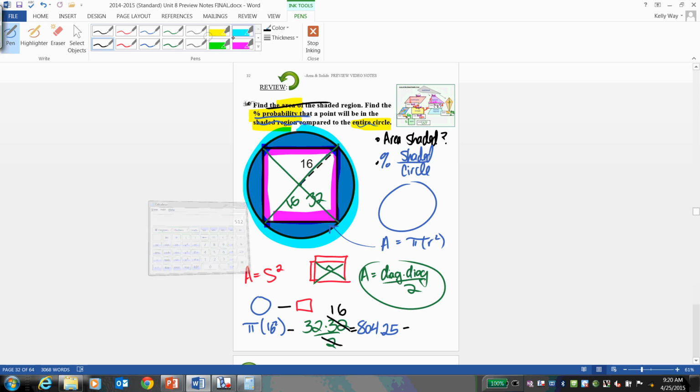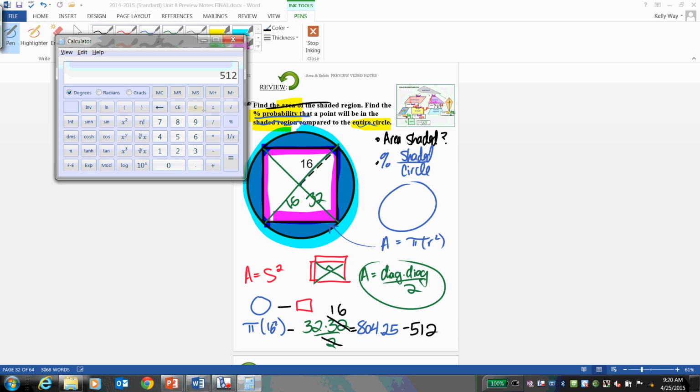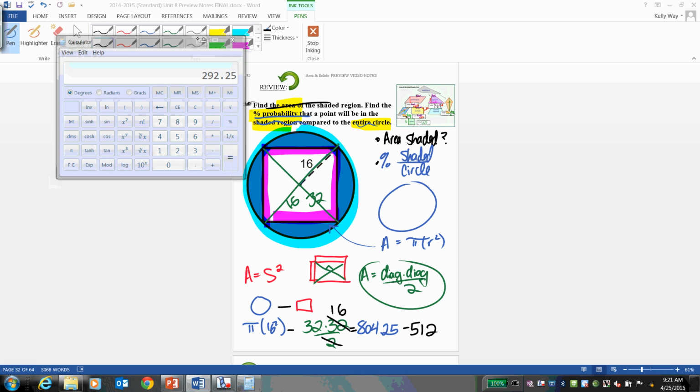We have 512. Now to get the shaded, we subtract the square from the circle. We get 292.25. That's the shaded region.